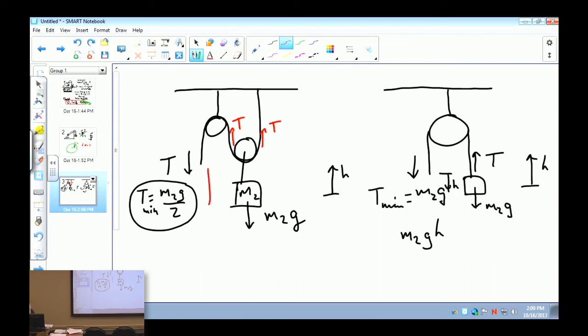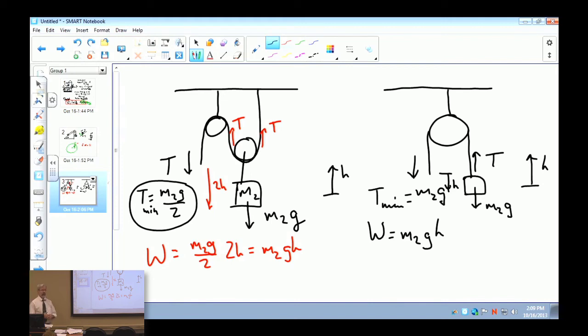But in this case, the end of the rope must move 2h. And so the work done in this case is m2g/2 times 2h. So the work is the same in both cases. So it makes the work easier because you don't have to exert as much force, but the overall work, as defined with our definition of work, it's the same either way. Okay. And let's see.